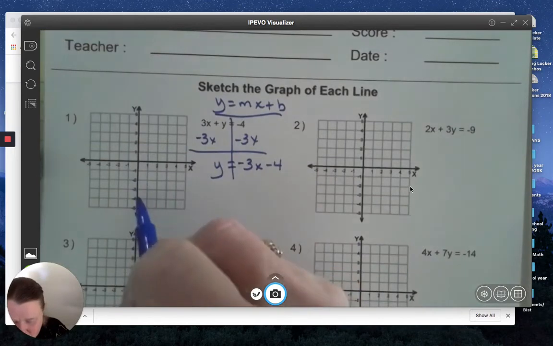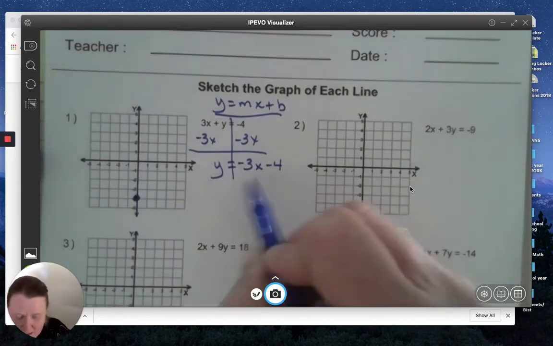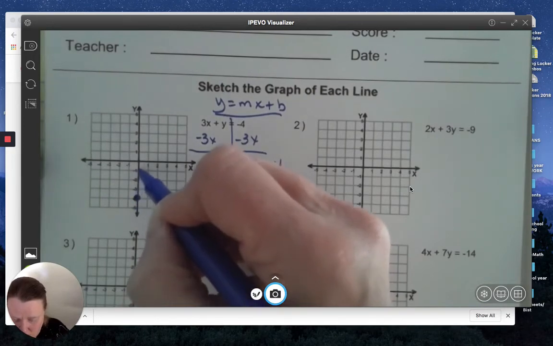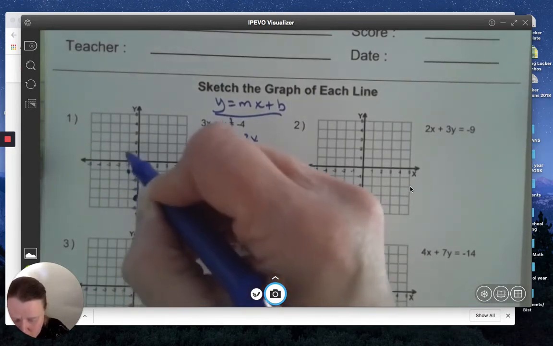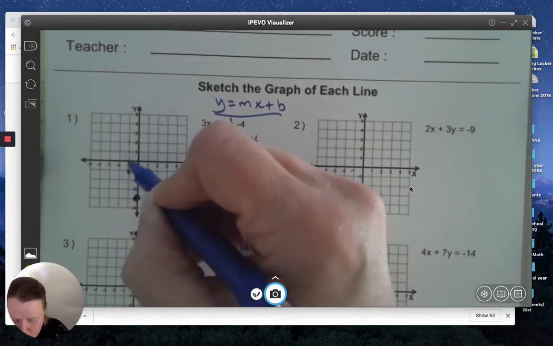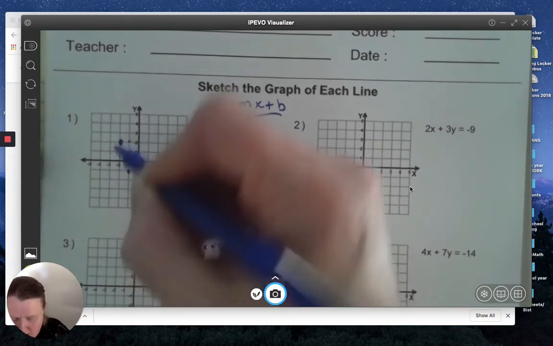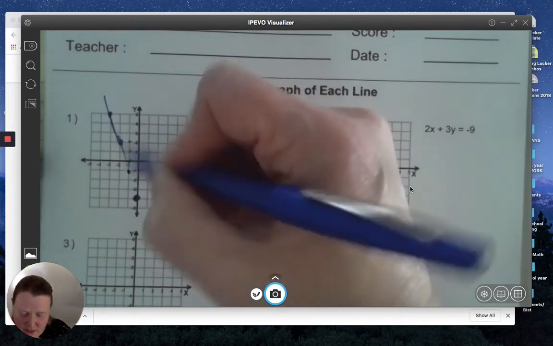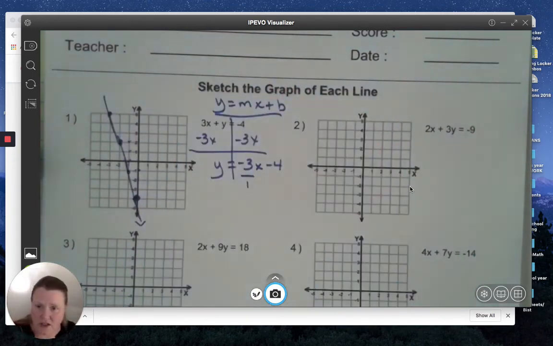So again, I'm going to start down here at negative 4, and I'm going to go down 3, which I cannot do. So I'm going to go up 3 and backwards 1, and then up 3 and backwards 1. And I could keep going if I needed to, but 3 dots is sufficient for me to know which direction the graph is going to go.